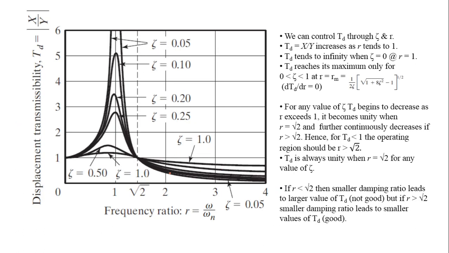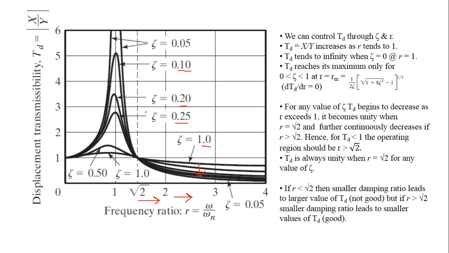However, if you notice in this graph, which is for the displacement transmissibility, you will see that if you go beyond r equals root 2 and even higher values, then irrespective of the values of zeta or the damping present in the system, the displacement transmissibility will always be less than 1, which is a very good result.